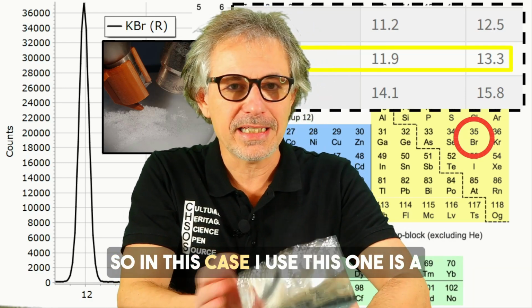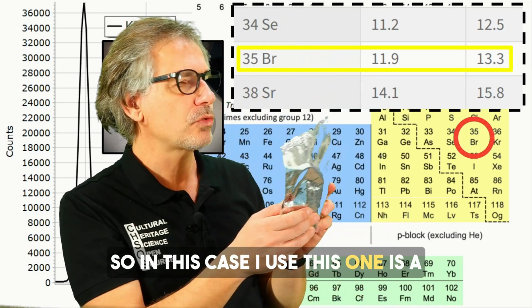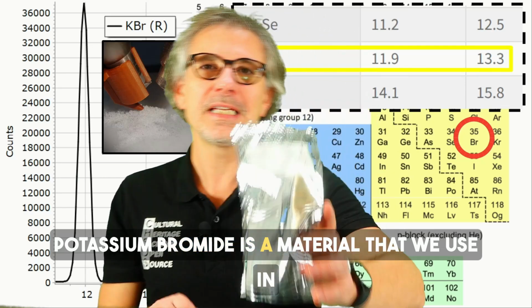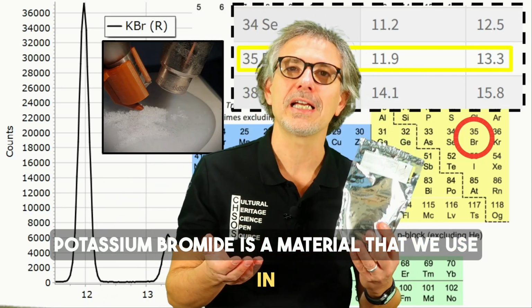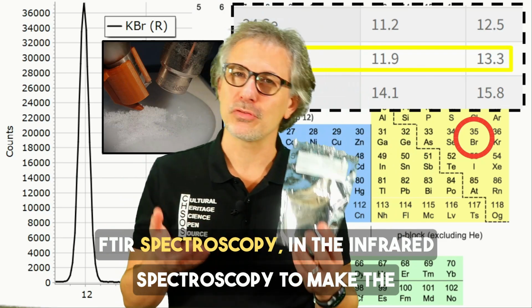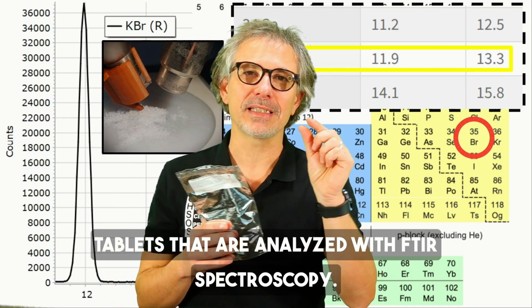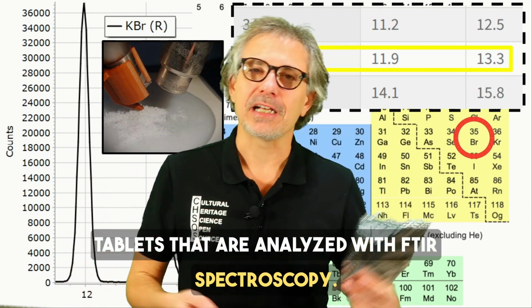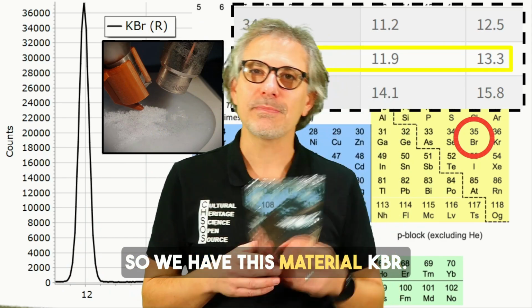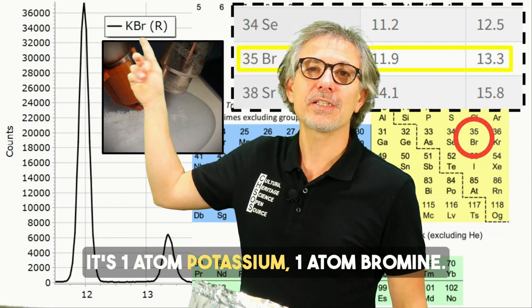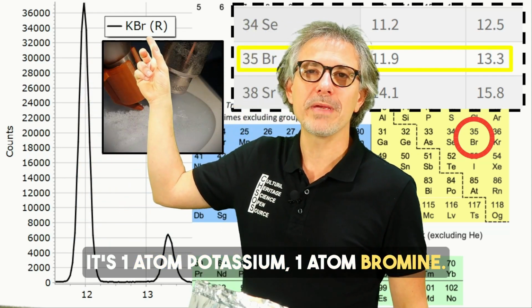So in this case, I use this one, potassium bromide. It is a material that we use in FTIR spectroscopy, in the infrared spectroscopy, to make the tablets that are analyzed with FTIR spectroscopy. So we have this material, KBr, one atom potassium, one atom bromine.